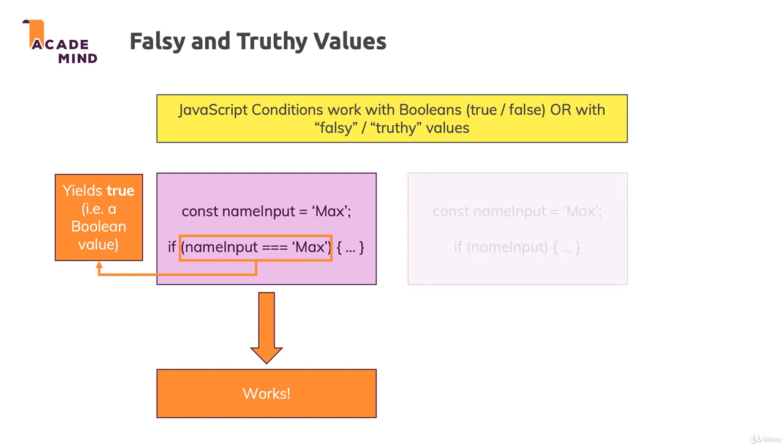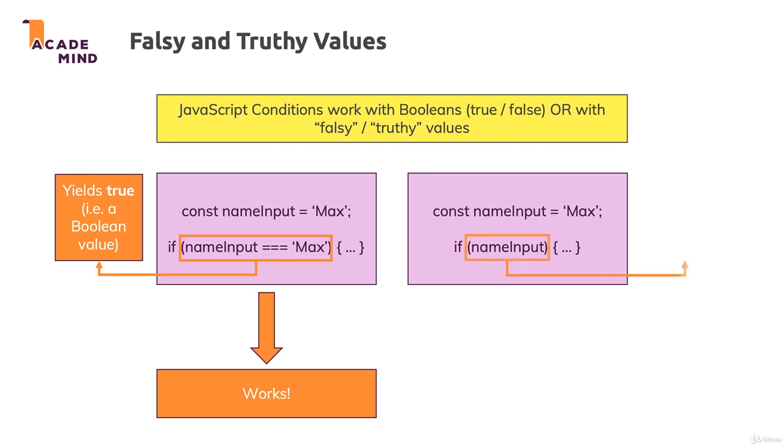Now consider this code snippet here. We again have name input which holds max, in this case hard-coded, but could be fetched from the input field on a web page. But now in the if condition, I don't compare name input to any concrete value, I just have if name input here. And this name input constant of course holds a string, not a Boolean, right? We initialize it one line above, so this holds a string, not a Boolean.